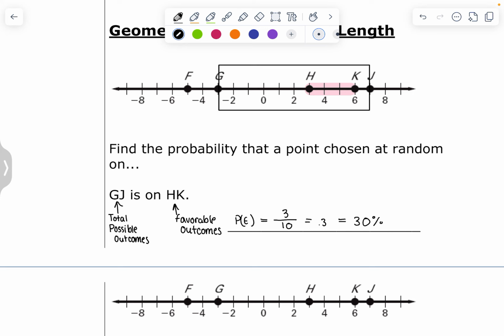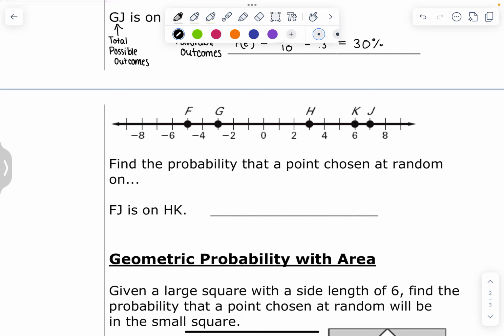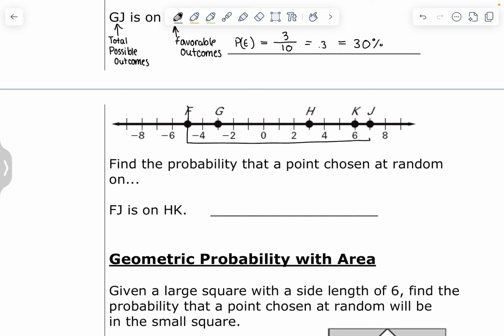So we're going to do one more geometric probability problem with length. Find the probability that a point chosen at random on FJ is on HK. So FJ, F is at -5 and J is at 7.